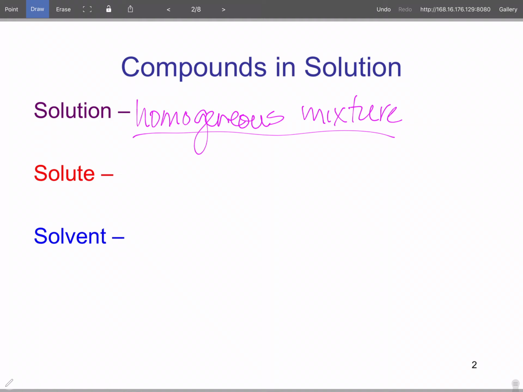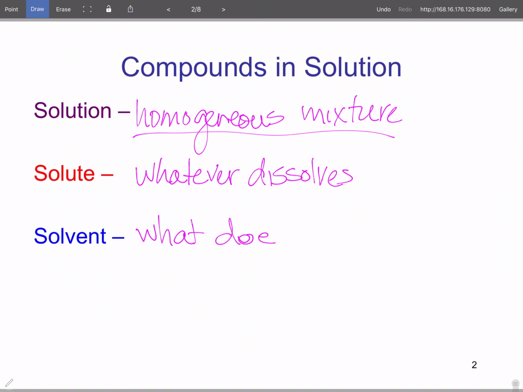Well, a homogeneous mixture is composed of two things, the solute and the solvent. The solute is whatever dissolves, and the solvent is what does the dissolving. Now, how do you tell them apart?